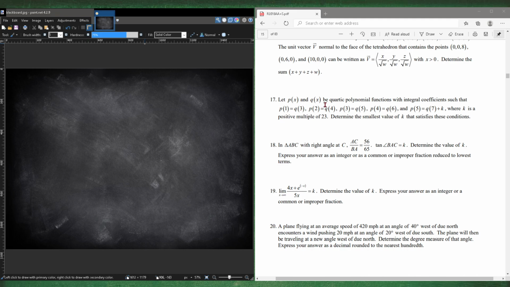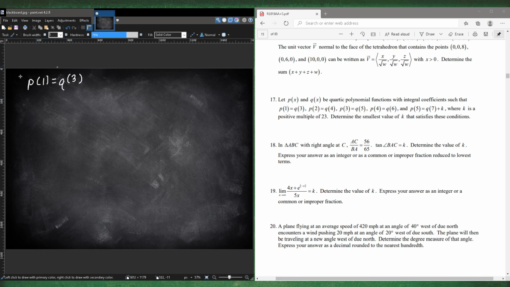Let P of x and Q of x be quadratic polynomial functions with integral coefficients such that P of 1 equals Q of 3. And then there's a bunch of other points, so I'm going to put them down, because sometimes it's hard to read from left to right. Up to down makes more sense because you can compare.